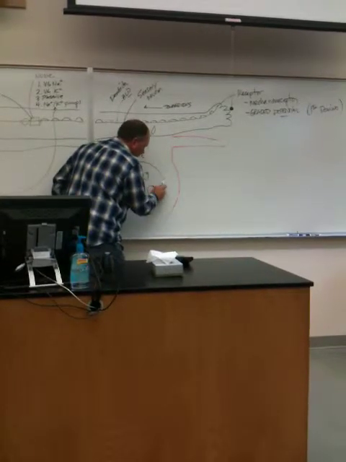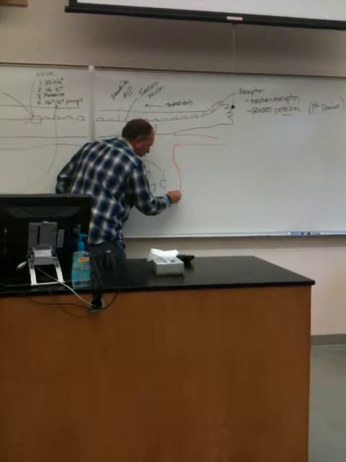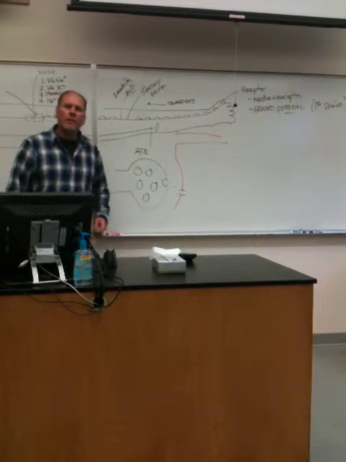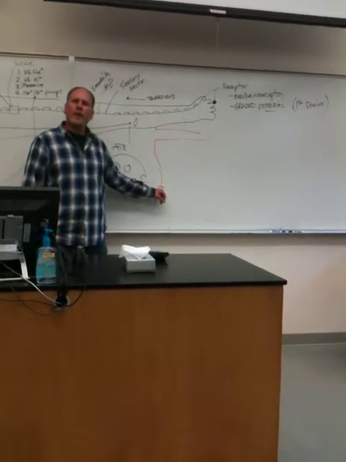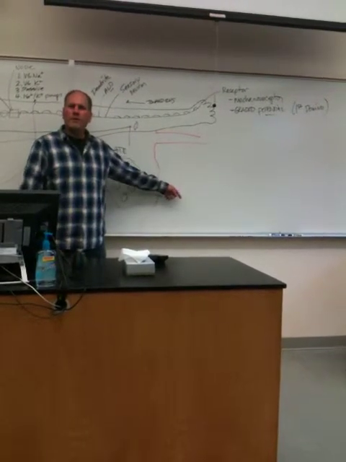When this fuses and is released by exocytosis, neurotransmitter in here, what's it bind to? Chemically gated sodium channel, beautiful, on the postsynaptic membrane. It's what we just kept going through. We're just moving to a new location.